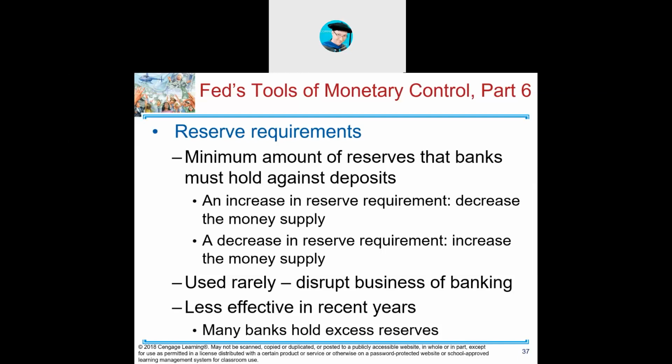We have minimum amounts. The minimum amounts help to control the money supply. Increase the reserve amount, there's a decrease in money supply. A decrease in the reserve amount, there's an increase in the money supply. Why is that? Because the money's sitting in the bank, right? It's not moving. And so it's taken out of circulation.